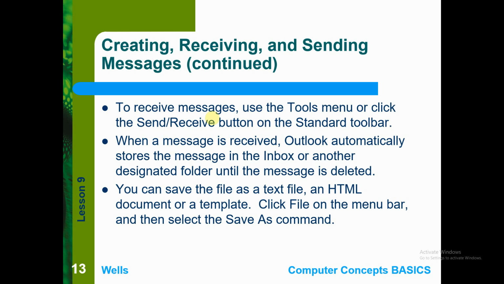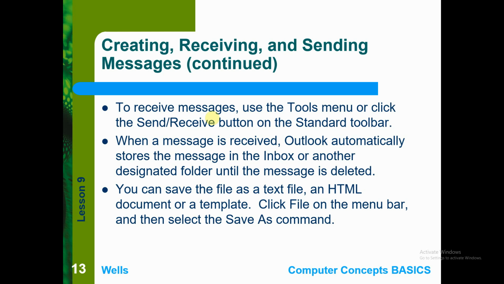For example, in the spam folder, if it is detected as spam, it will go to the spam folder and stay there until the messages are deleted, unless you want to manually delete it or mark it as not spam.